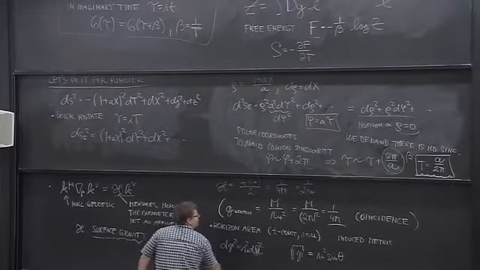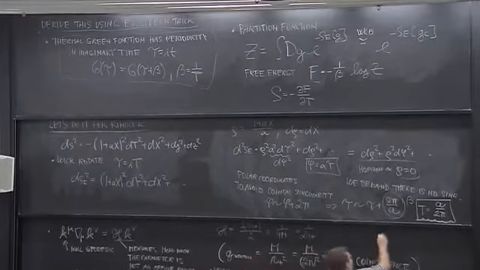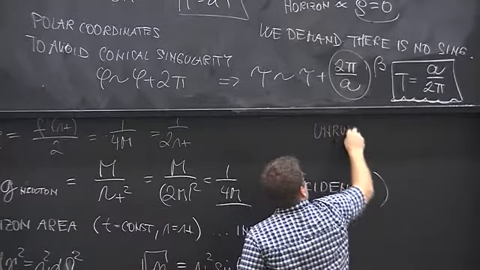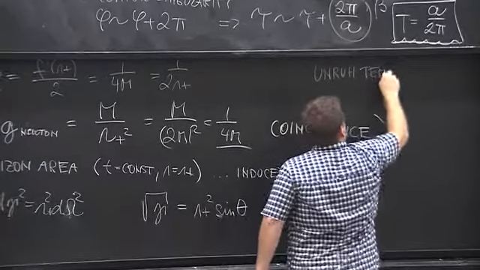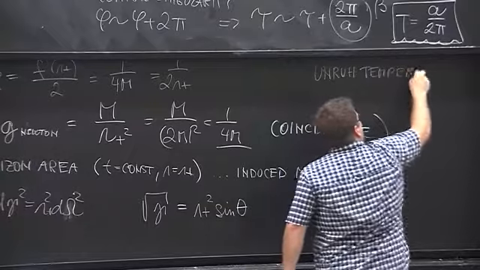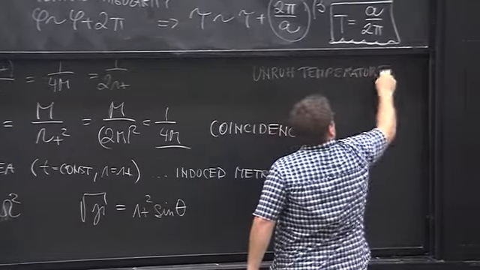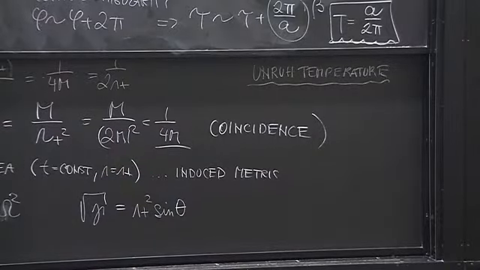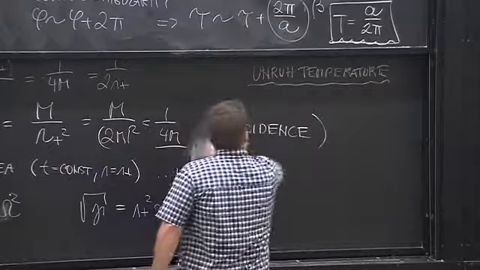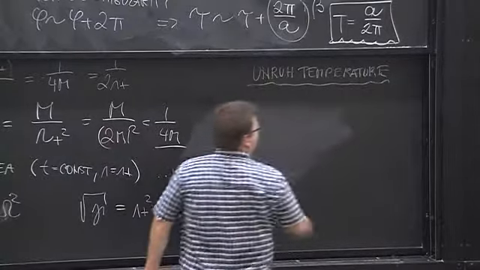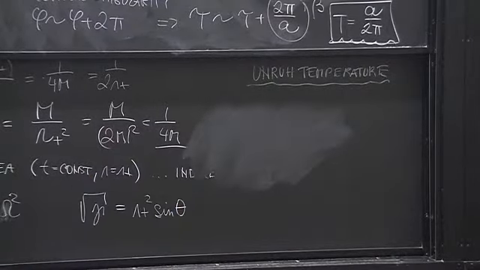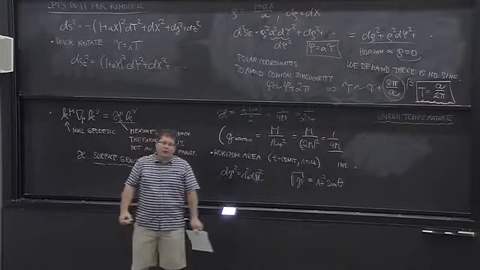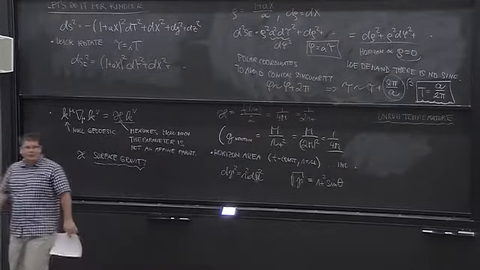This is the Unruh temperature. Which tells you that the accelerated observer will actually see Minkowski space as filled with blackbody radiation with the temperature proportional to the acceleration of the observer.